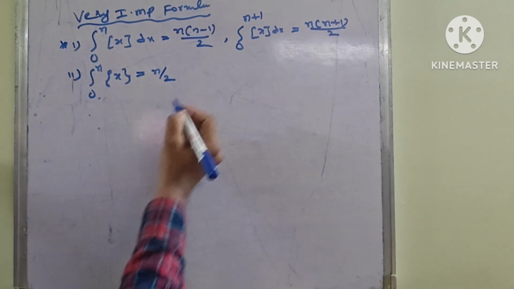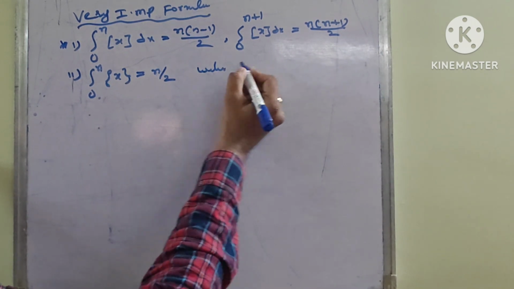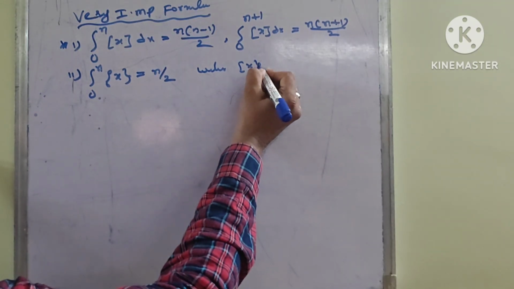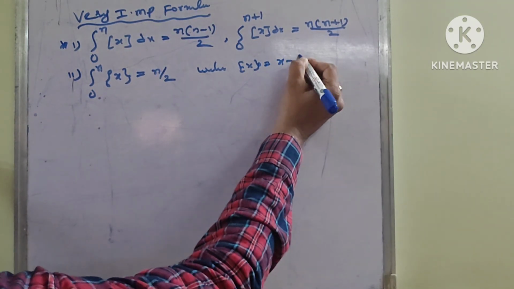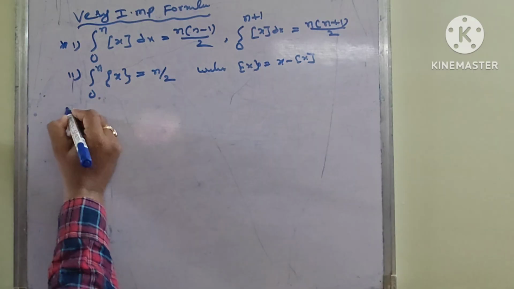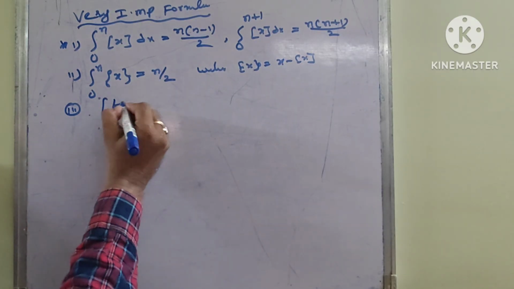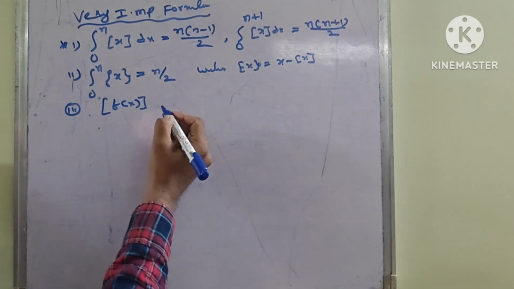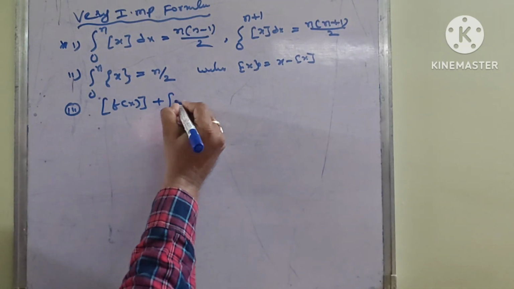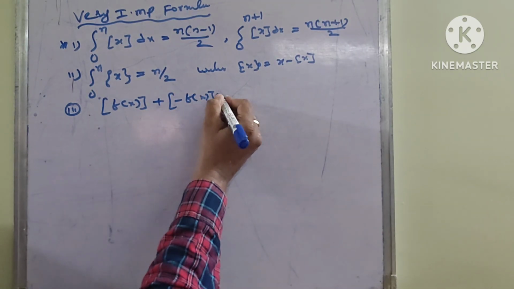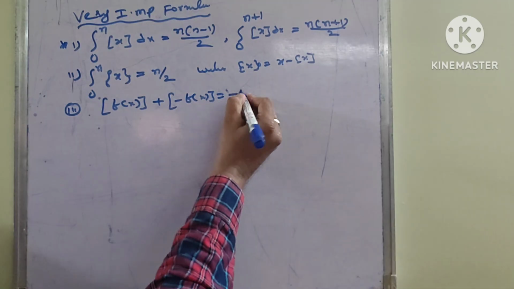We know that fractional part of x is equal to x minus integral part of x. Third formula, we already know it: integral part of f of x plus integral part of minus f of x is equal to minus 1.